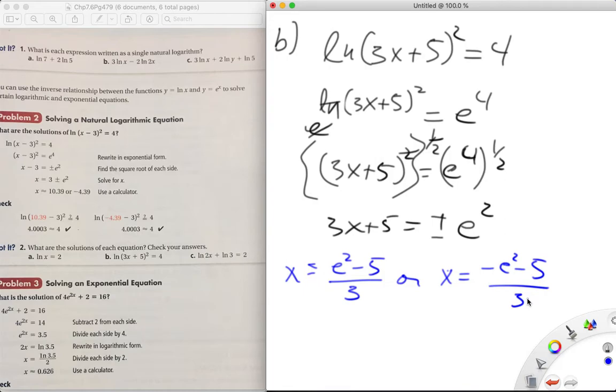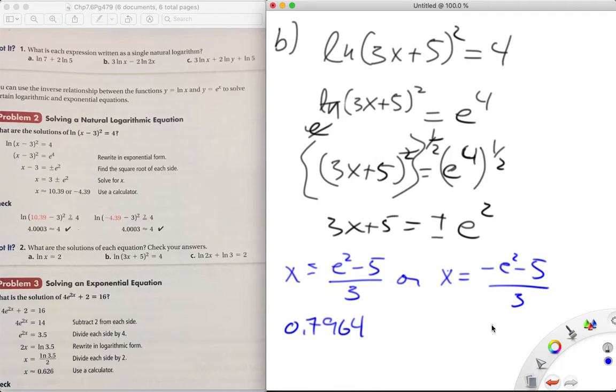So e squared minus 5, divided by 3, and that gives me 0.7964.